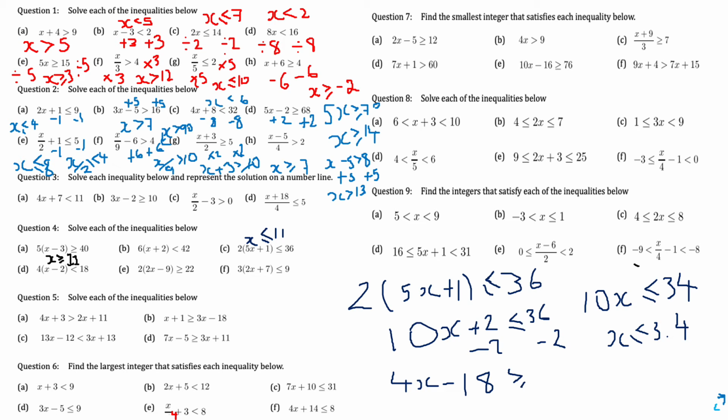That's greater than or equal to 22, and then add 18 to both sides of my inequality, so balance the inequality, guys. 4x is greater than or equal to 40, and then dividing both sides by 4, it's going to be x is greater than or equal to 10. Okay, so that is my answer for that one.